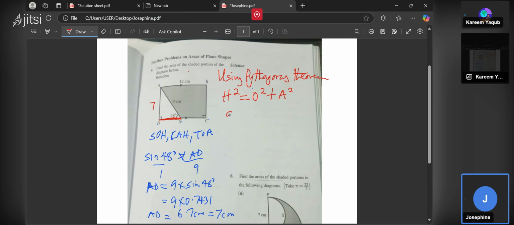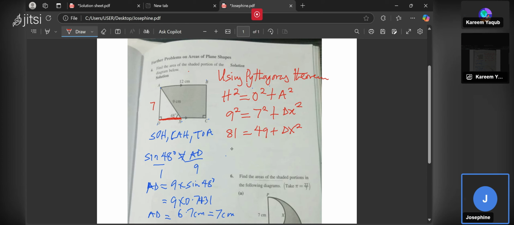Hypotenuse here is 9 squared. Opposite is 7 squared. Adjacent is what you are looking for, which is DX squared as well. So this is 81 equals 49 plus DX squared.